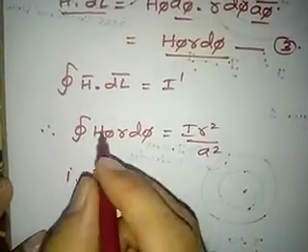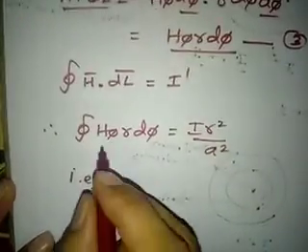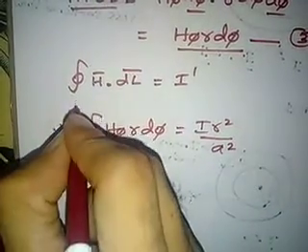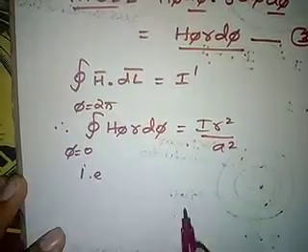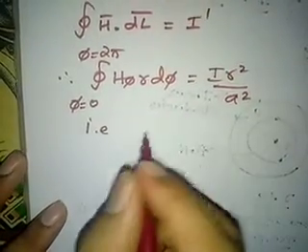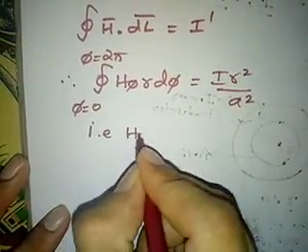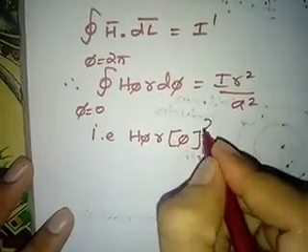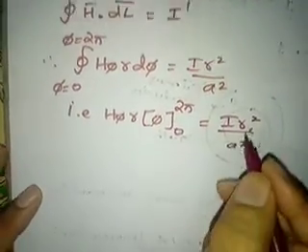The limit is from 0 to 2 pi. So phi varies from 0 to 2 pi, the closed circular path. That means the integral of h phi r d phi over phi from 0 to 2 pi is equal to I r square by a square.